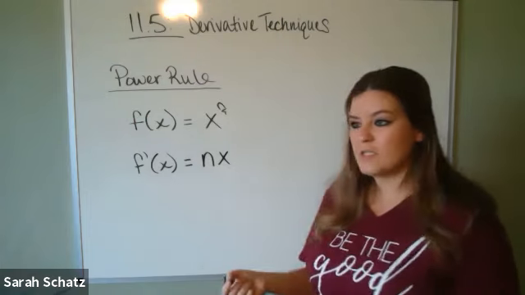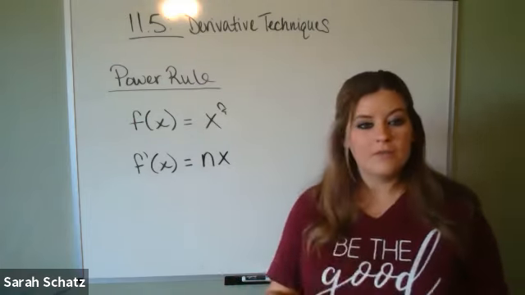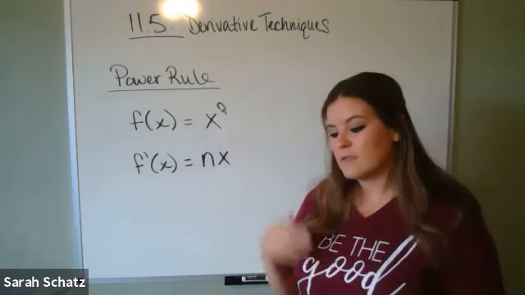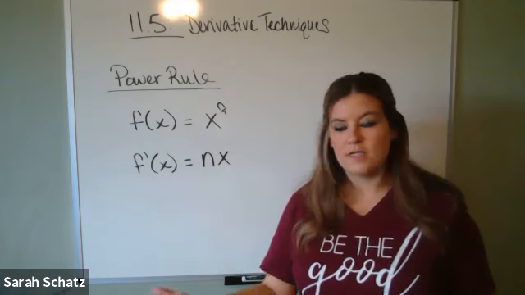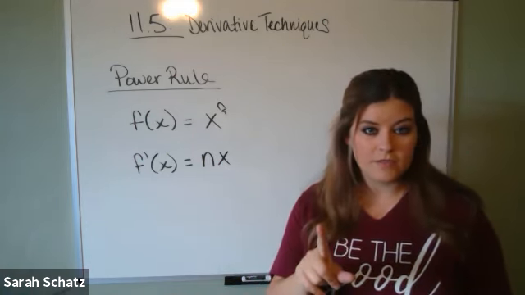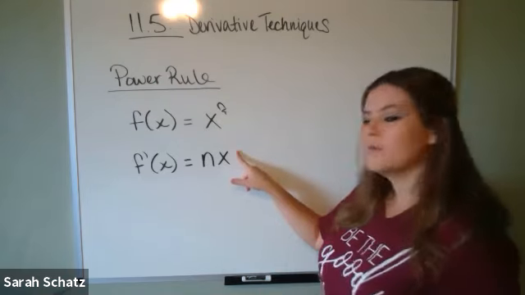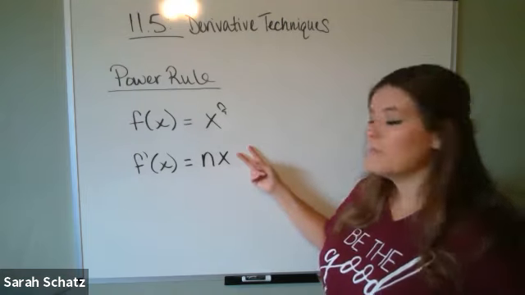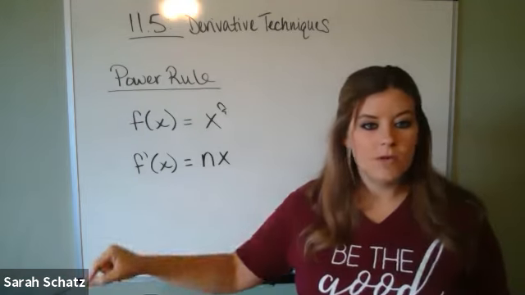I think I mentioned the other day, when you take the derivative of a function, the degree goes down 1. So basically, if you started with an x squared function, you take the derivative, your answer is going to be an x to the first function. So what do you think is going to happen here? Whatever this n value is, my new power is going to be n minus 1.